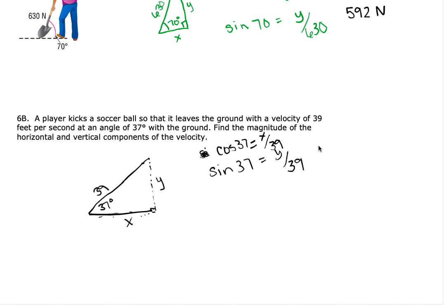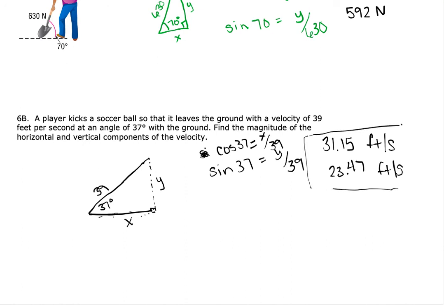For my horizontal component, I got 31.15, and that is feet per second. And for my vertical, I got 23.5, or I guess 4.47. I don't know how far we're supposed to round it, but those are my horizontal and vertical components. All right, good luck on this assignment.